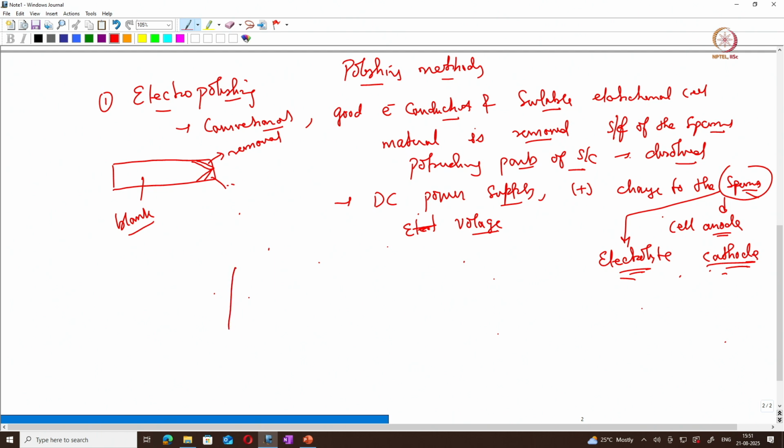Okay, so if you see it schematically, you can have a bathtub. Okay, you have a bathtub, you have a specimen. Okay, you have a cathode. This is cathode, this is anode.